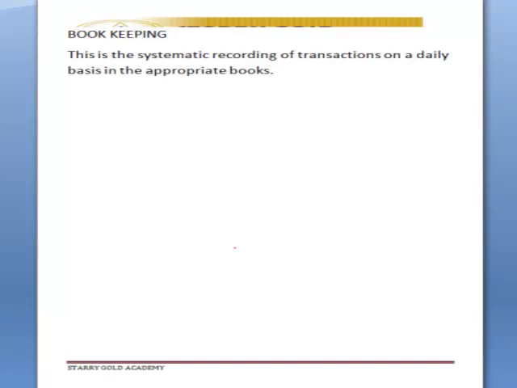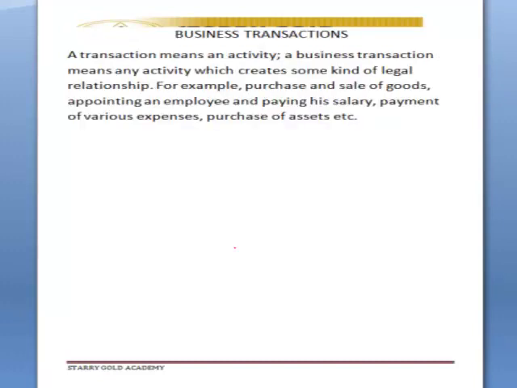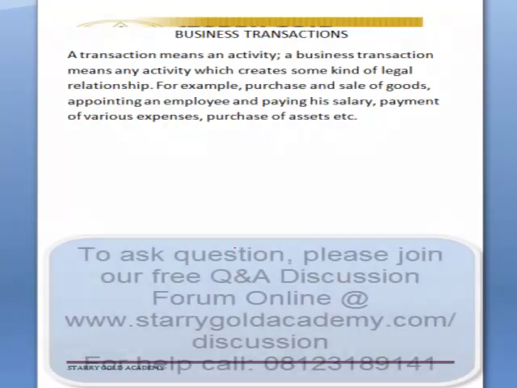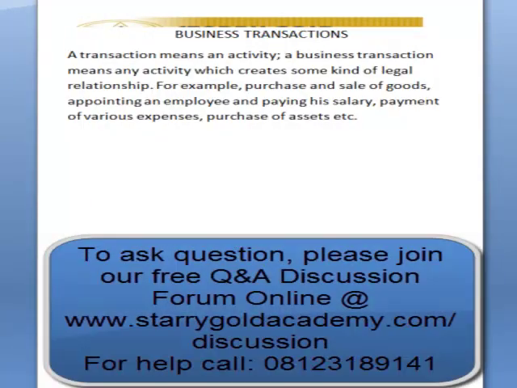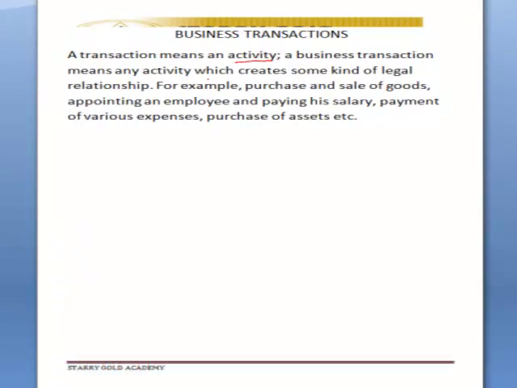So, let's look at what we mean by transactions. What constitutes a business transaction? A transaction means an activity. A business transaction means any activity which creates some kind of legal relationship.